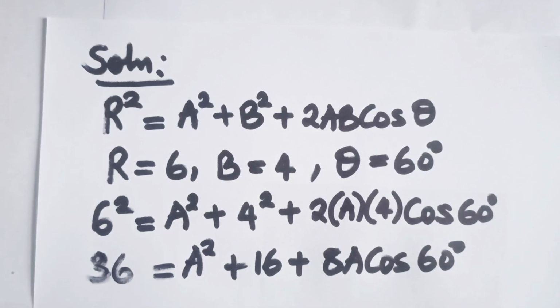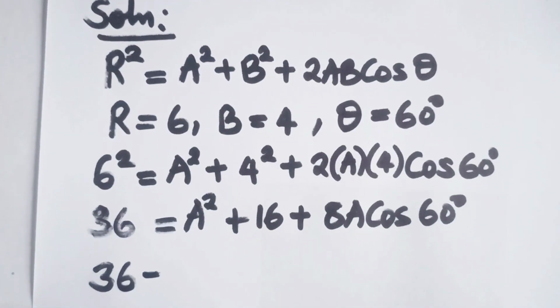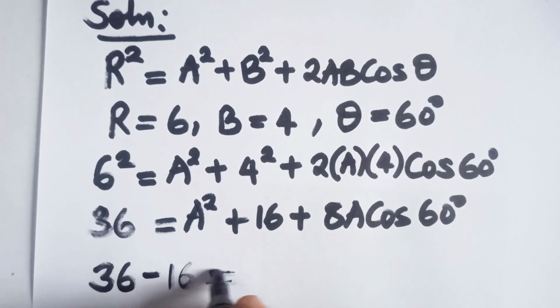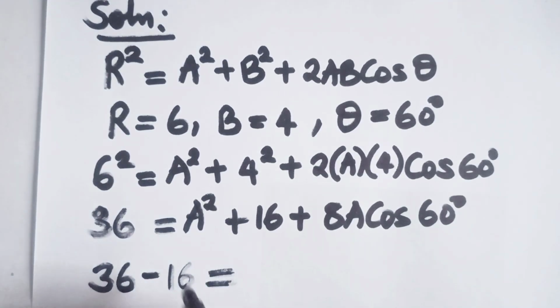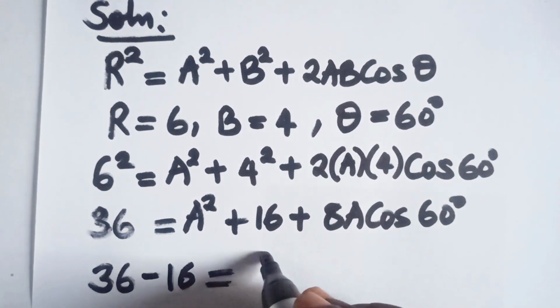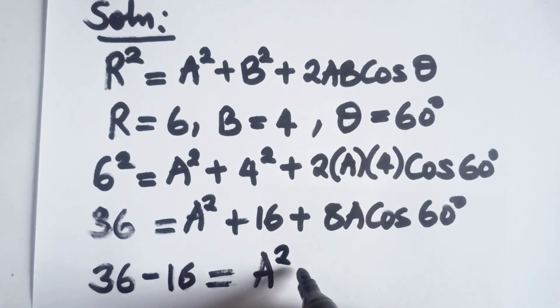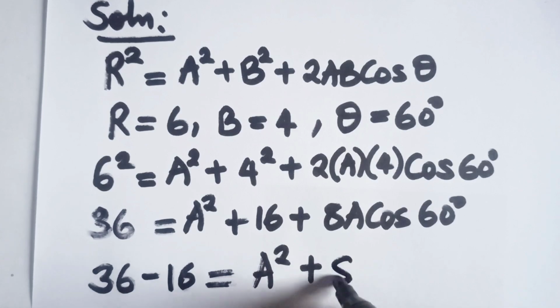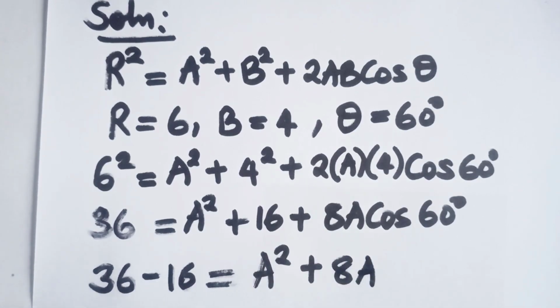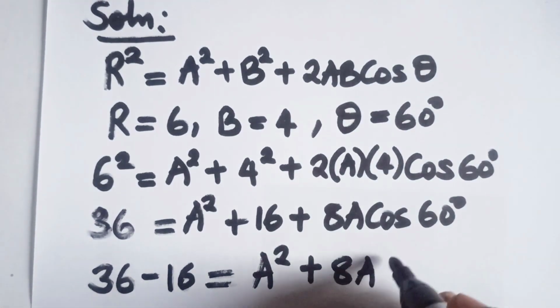So 36 minus 16 will be on the left side. 36 minus 16 is equal to A squared plus 8A cos 60 degrees. Cos 60 degrees is half.